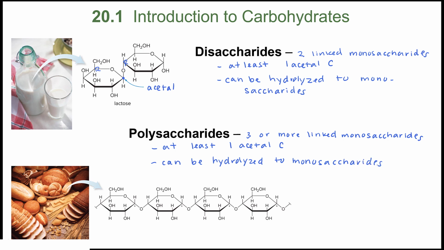Examples of these include breads, starches, and pasta. The structure that we have here is one form of starch, which is a polysaccharide. All of the acetal carbons are marked with the little asterisk here. And these can be hydrolyzed at each of those acetals to form smaller monosaccharide units. And the same thing can happen with the disaccharide that can be cleaved at the acetal carbon.